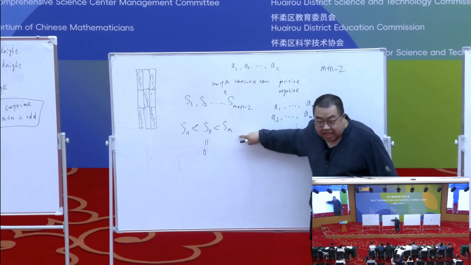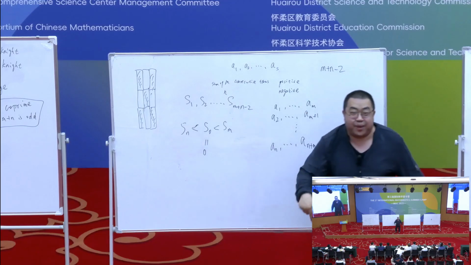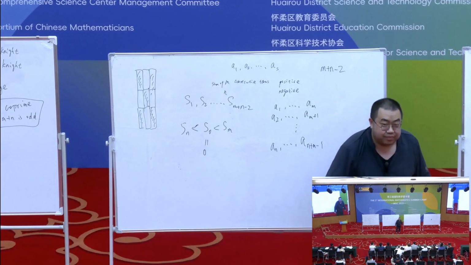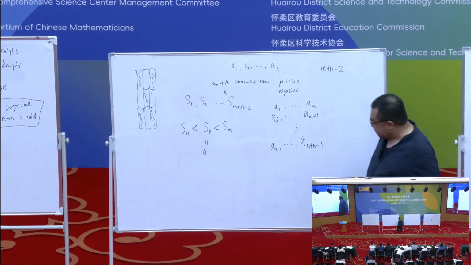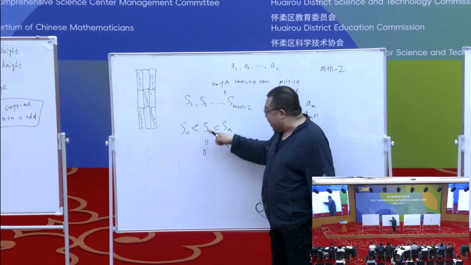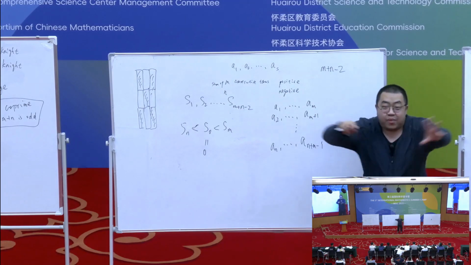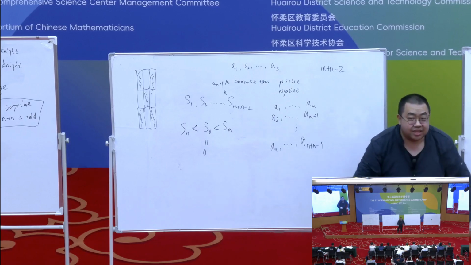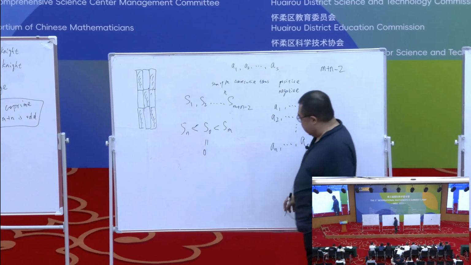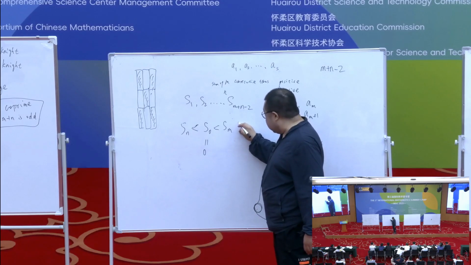The indices either increase by m or decrease by n. Then all the numbers from S0 through S_{m+n-2} form a chain. So what is the last member of this chain?